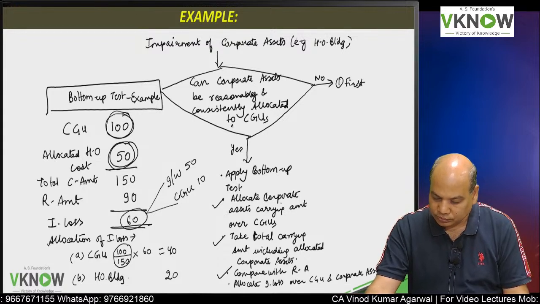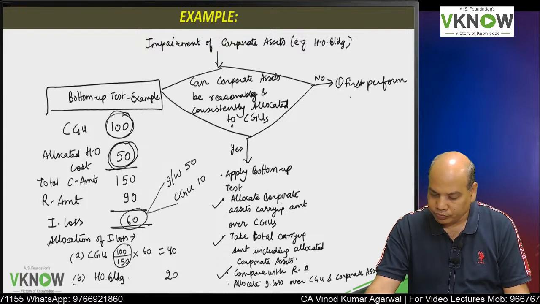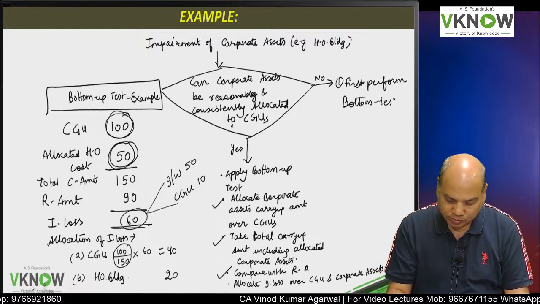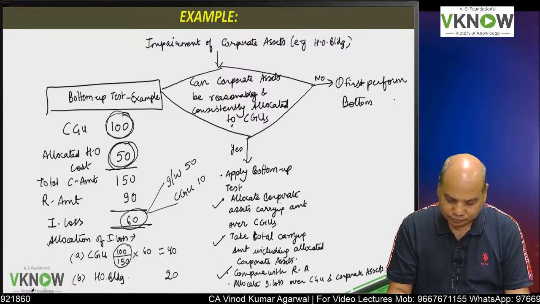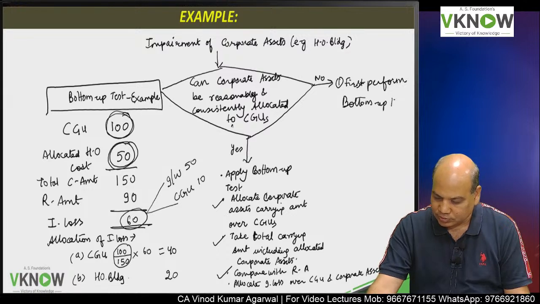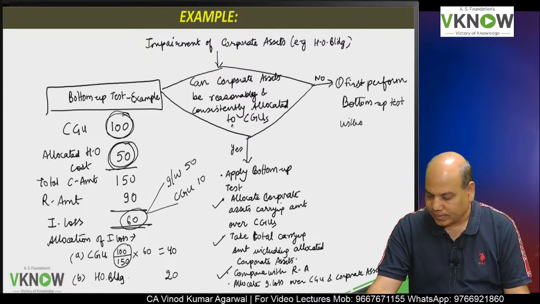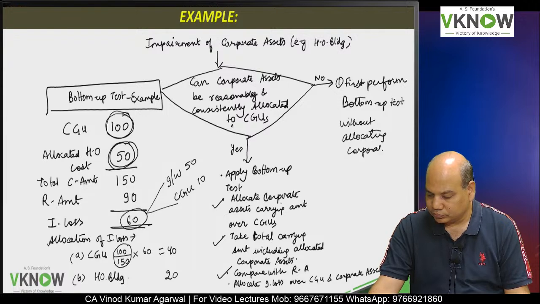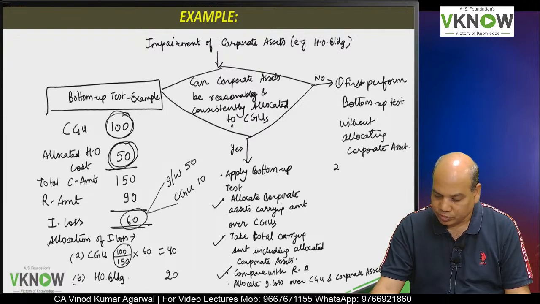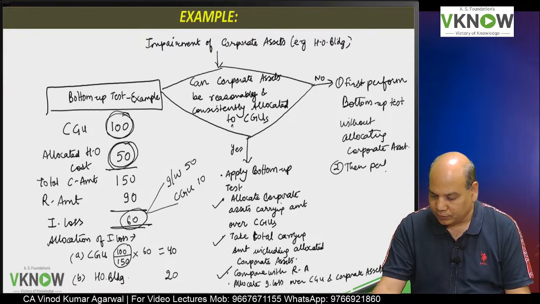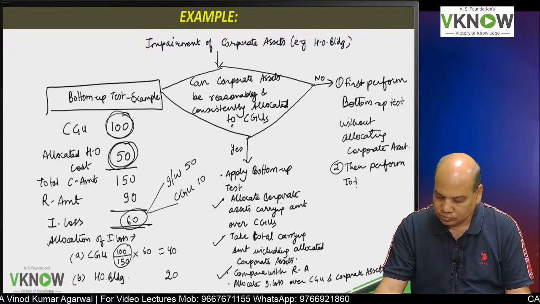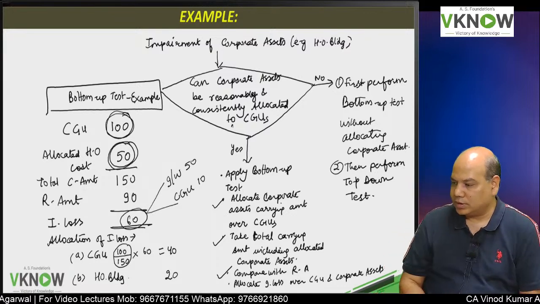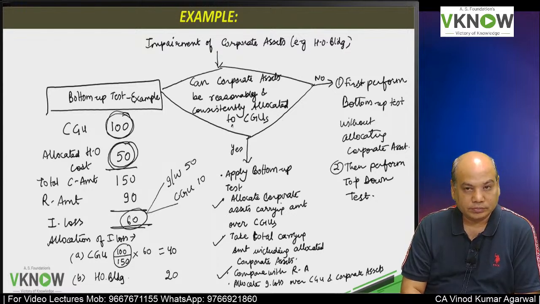First perform the bottom-up test without allocating the corporate asset, and then write down, then perform the top-down test.